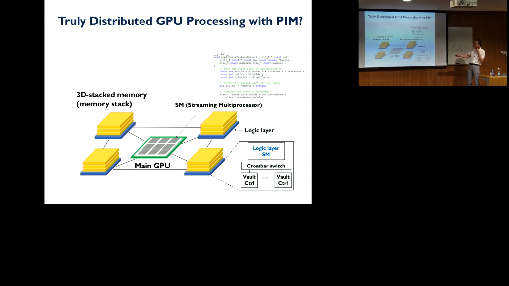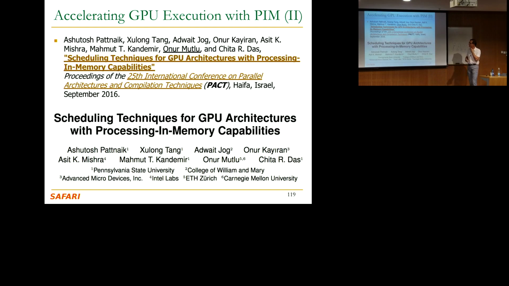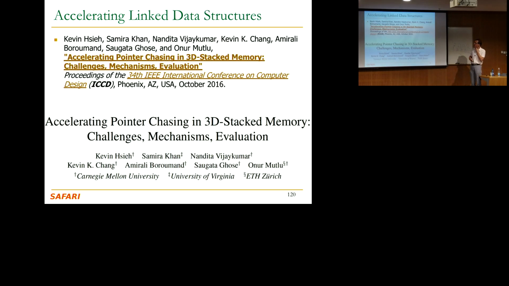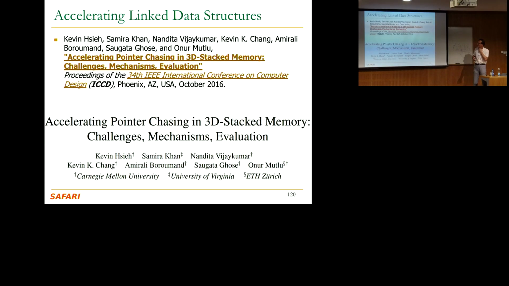Of course, these GPUs may not be as powerful as the main GPU. We've been looking at systems like this. How do you do the offloading over here? What kind of performance gains do you get? I think these are really interesting, but I'm not going to cover them. There are certainly scheduling issues related to this. I'll talk about pointer chasing a little bit, because this is exploiting the latency benefits of pointer chasing. Maybe I'll cover it very quickly. This is something that we looked at.